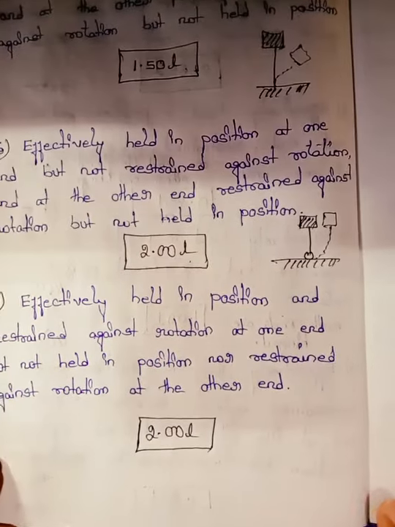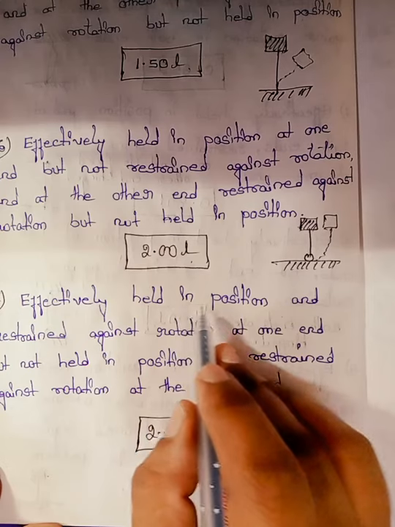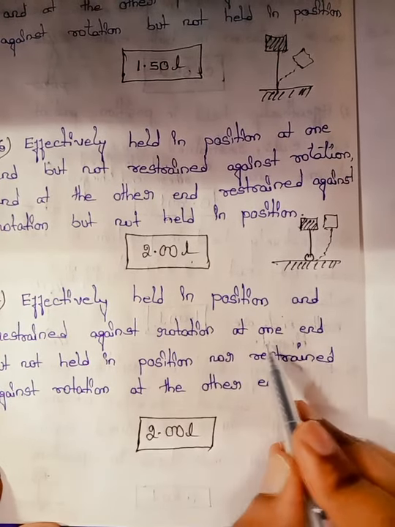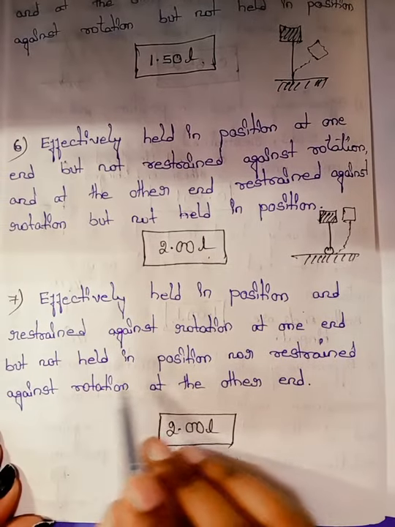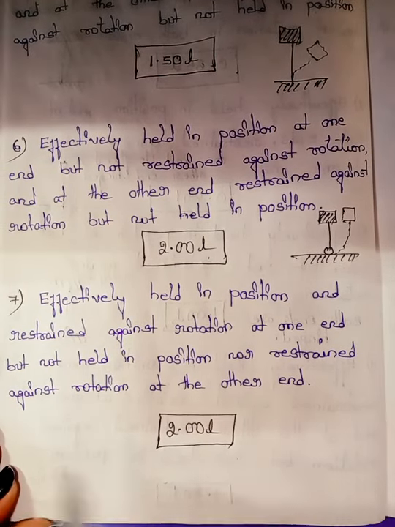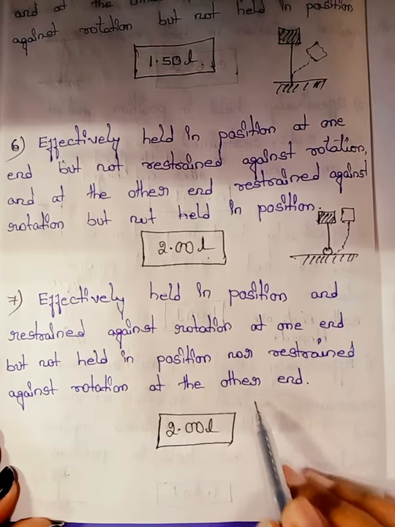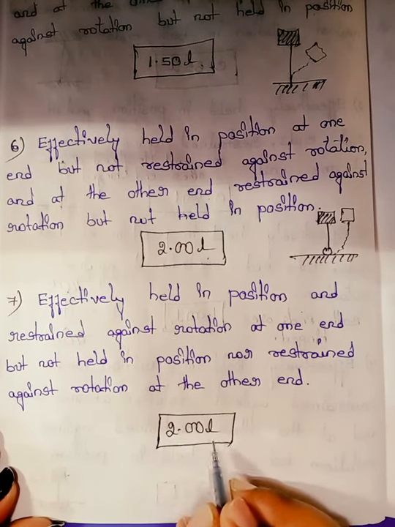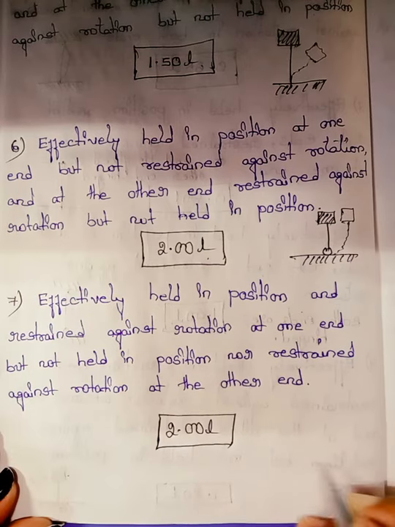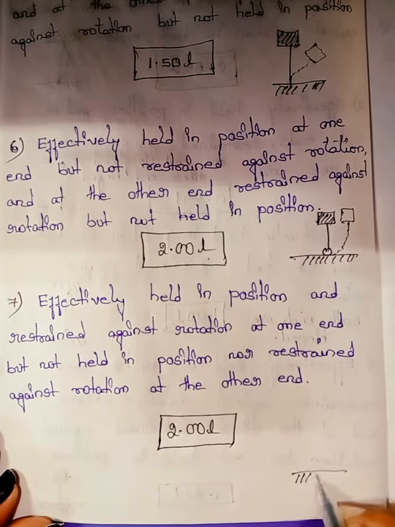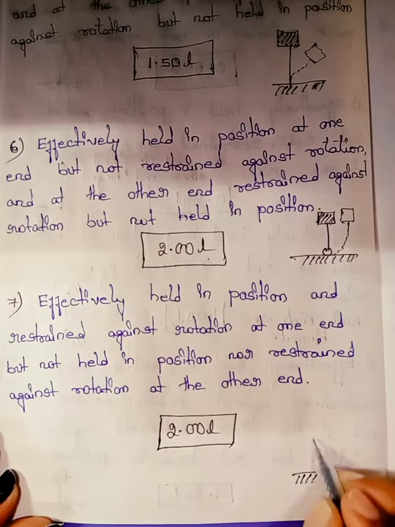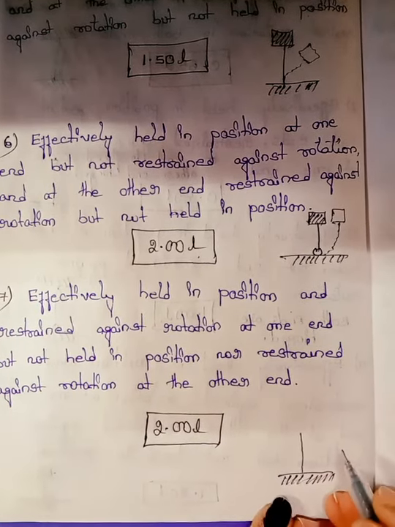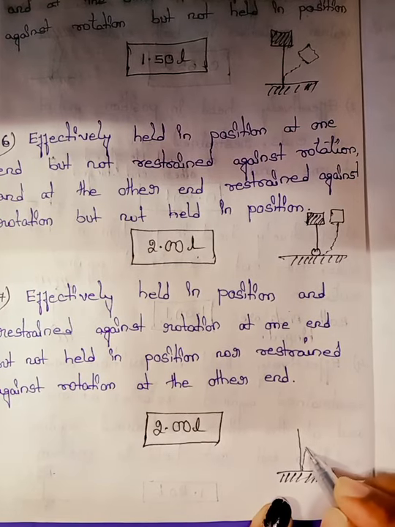Moving to the last condition: effectively held in position and restrained against rotation at one end but not held in position nor restrained against rotation at the other end. Then it is 2.00 L. Which means it is fixed at one end but at the other end it is free.